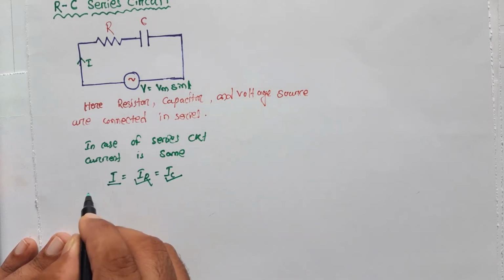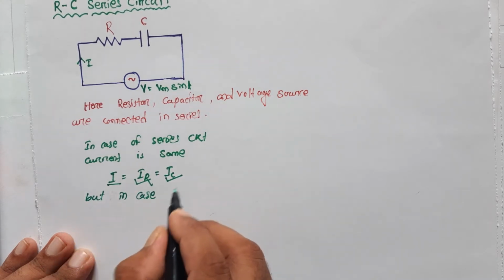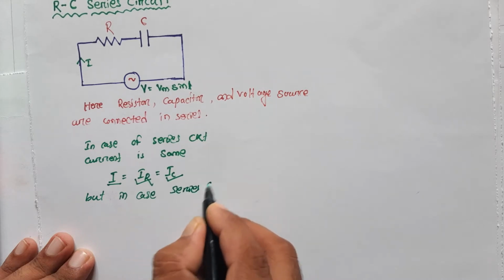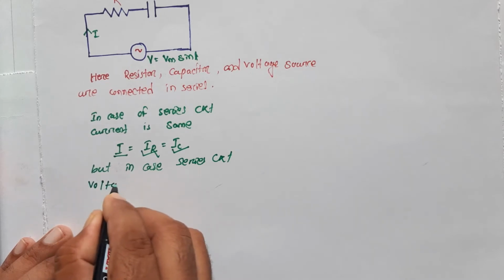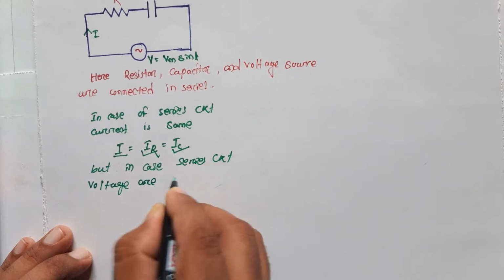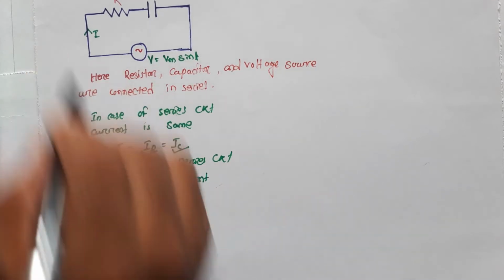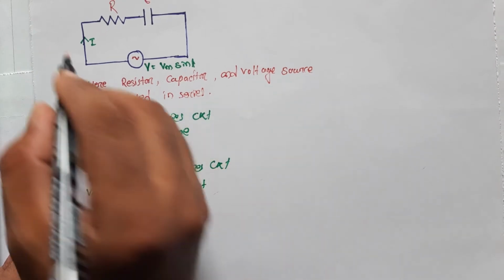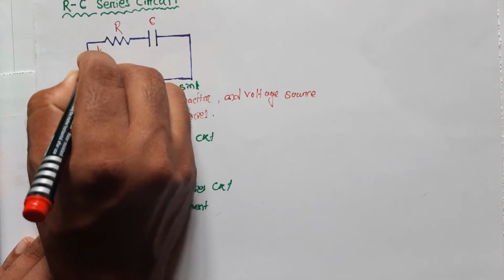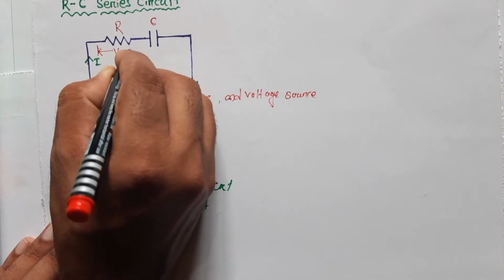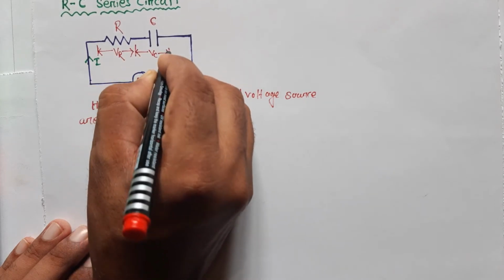But in a series circuit, the voltages are different, so different voltage drops occur. Let us assume the voltage drop across the resistor is VR and the voltage drop across the capacitor is VC.